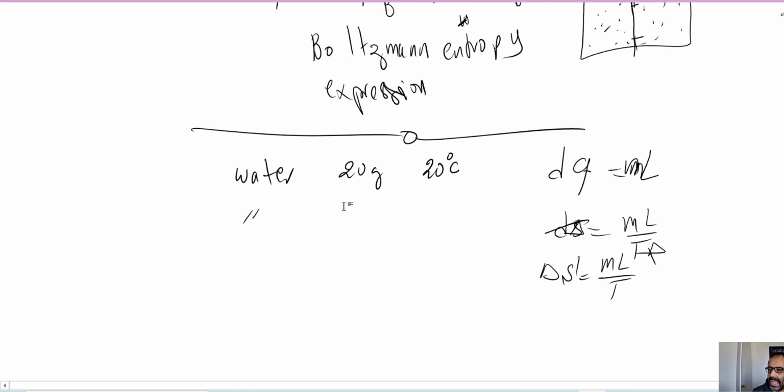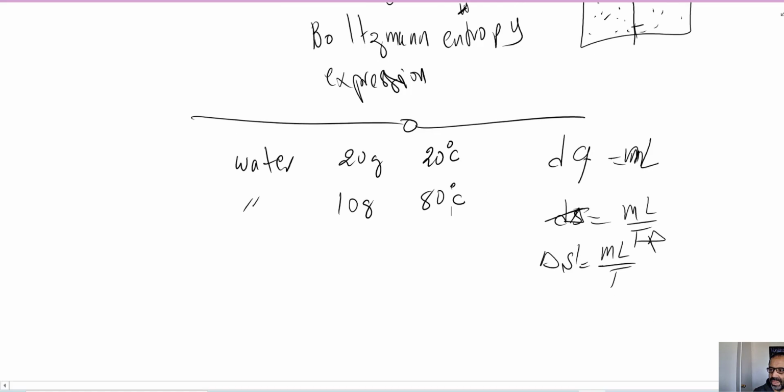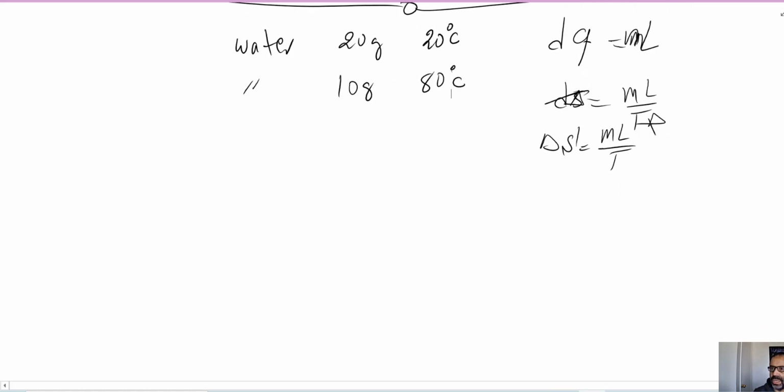But within the same phase, let's take for example 10 grams of water sitting at 80 degrees Celsius, then we have a problem. We really have to integrate to find the entropy. First of all, I need to find the temperature of equilibrium.